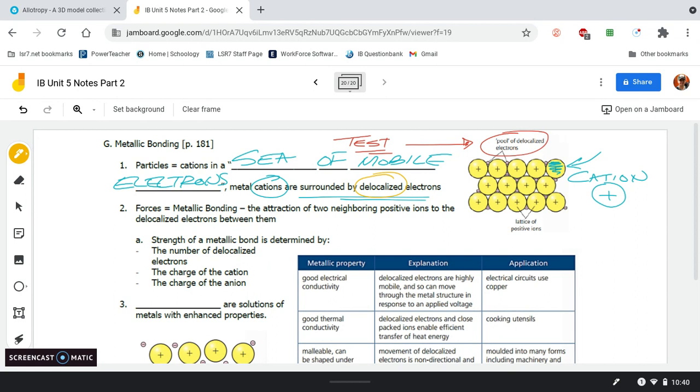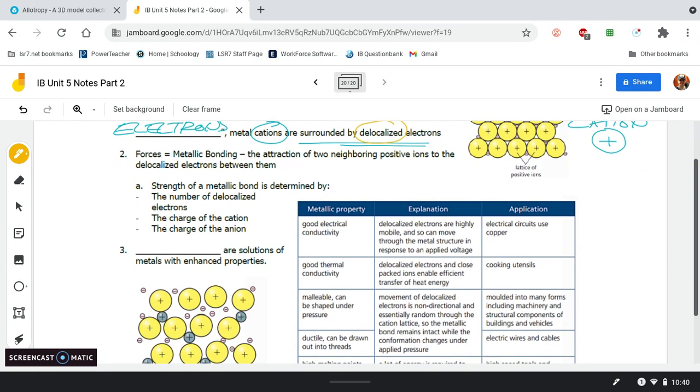That's called ductile. We'll hammer them into shapes, malleable. We can push these electrons around because they're not stuck anywhere. The strength of a metallic bond is based upon how many electrons it has and the charge difference between the pluses and the minuses. Not that you need to know that. You really need to know about the delocalized electrons.